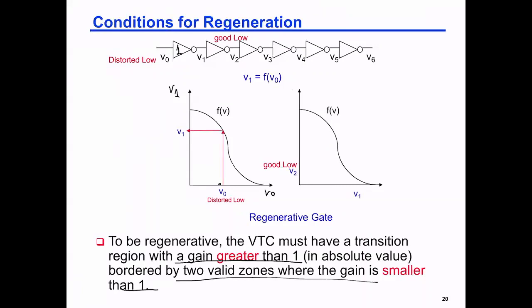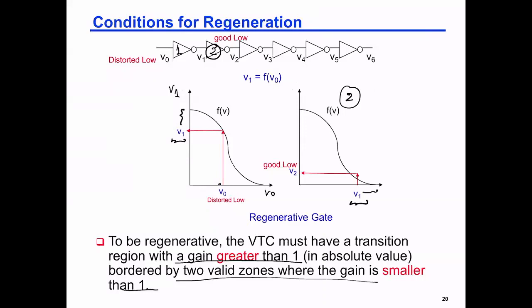I will get a decent high at V1. This decent high at V1, if now I look at the characteristics of inverter 2, which are shown here, the input is V1 and the output is V2, is going to give me a low. I moved away from here by this much, and this is going to give me a low V2.